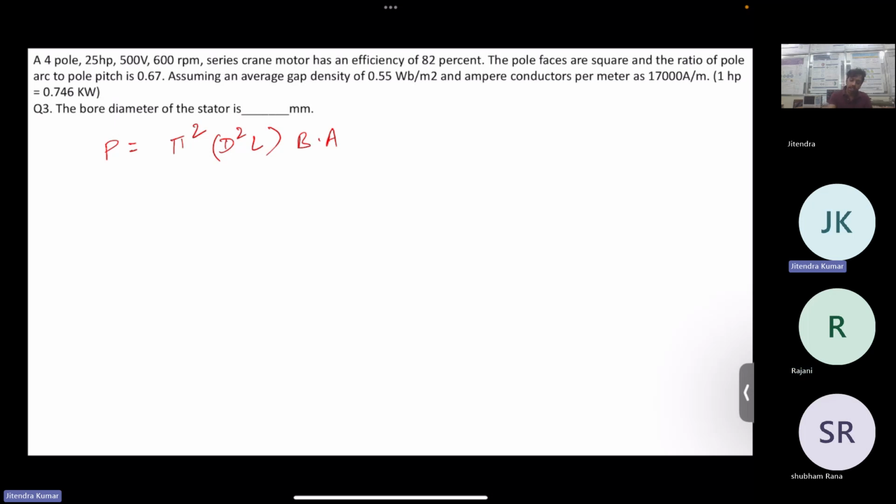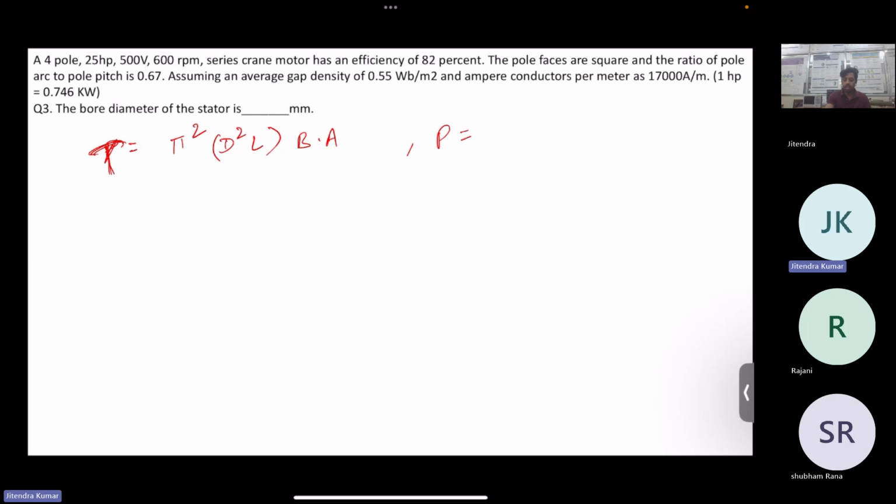This is the equation of torque actually: torque is pi square d square L into electric loading into magnetic loading. Sigma is A into B, electric loading into magnetic loading, the shear stress. Exactly.